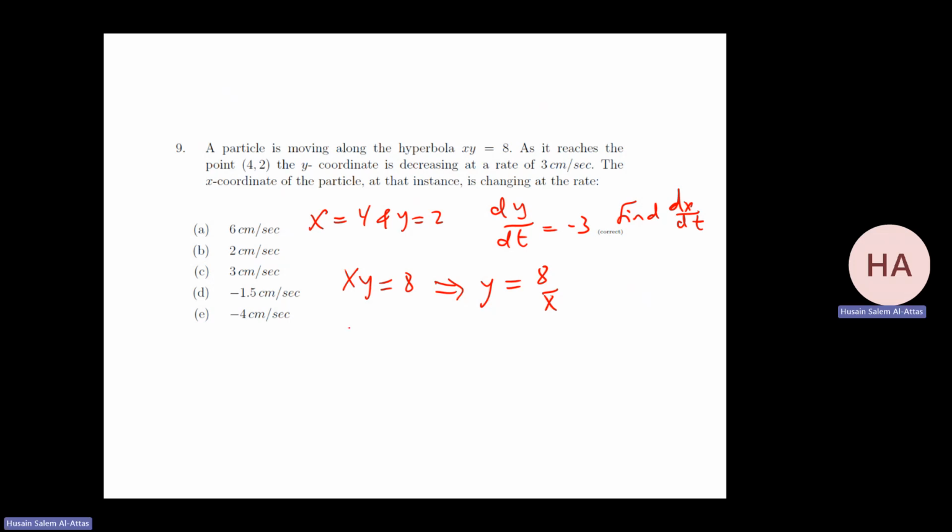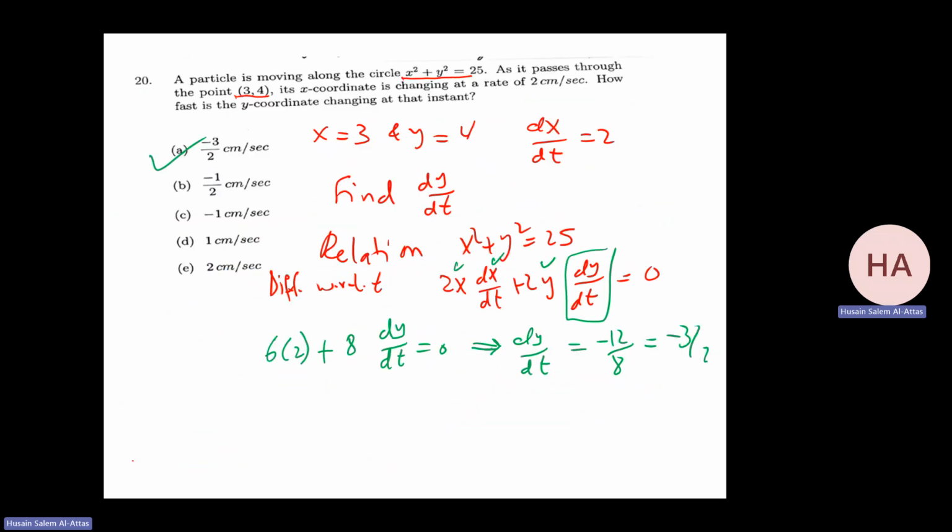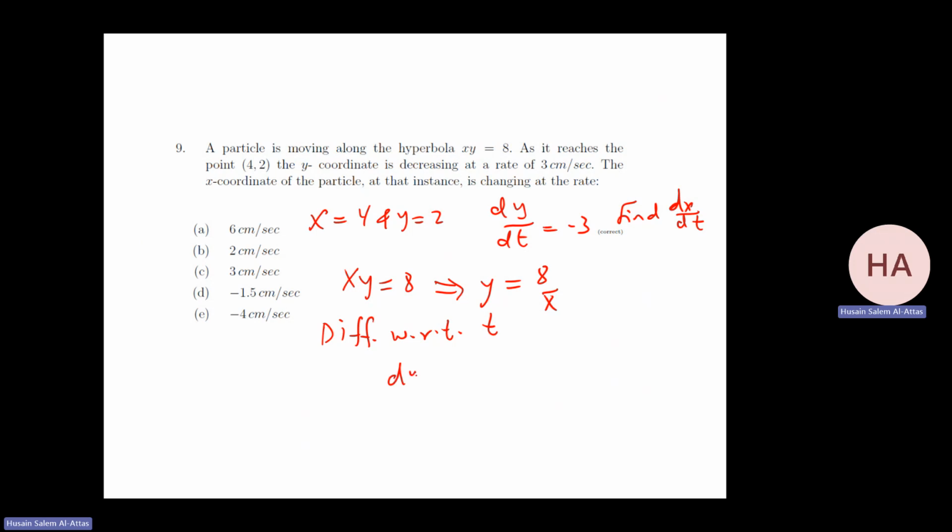So what you have, you differentiate with respect to time. Or you can solve it the way we did before: you just differentiate and then substitute. The same thing. So I have dy by dt. This is 8 over x, so that will be minus 8 over x squared, and don't forget the dx by dt. So this is given, this is given, I want this.